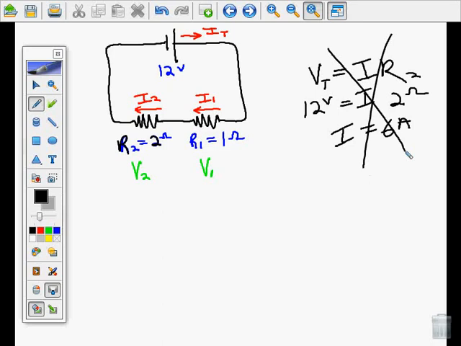What you really have to do in this problem first is figure out the total resistance. What would the total resistance of this circuit be?